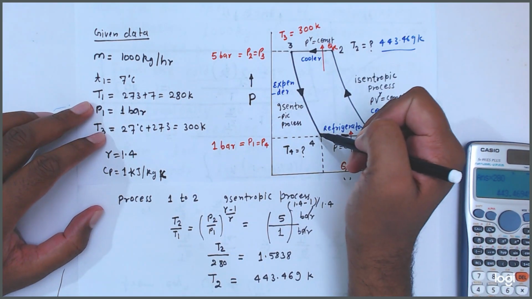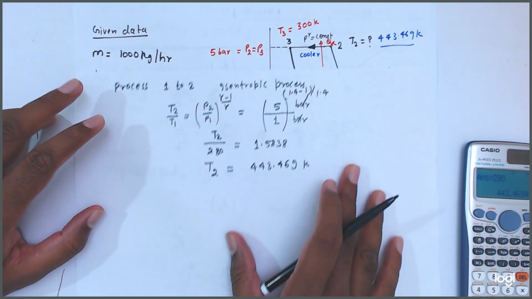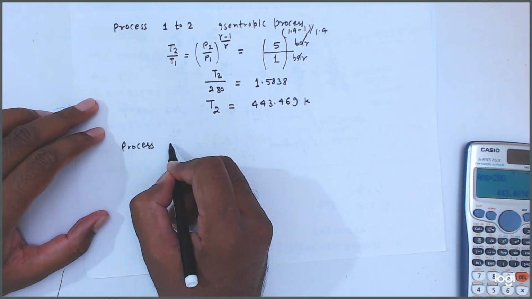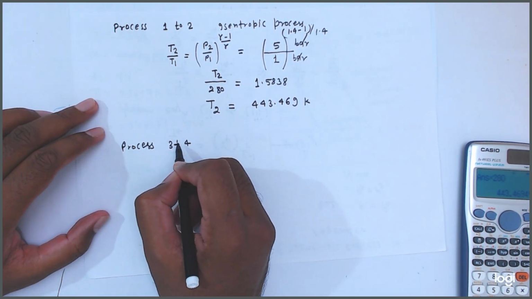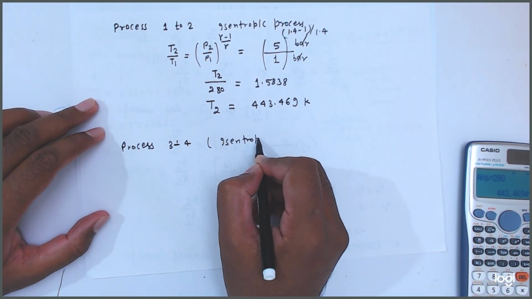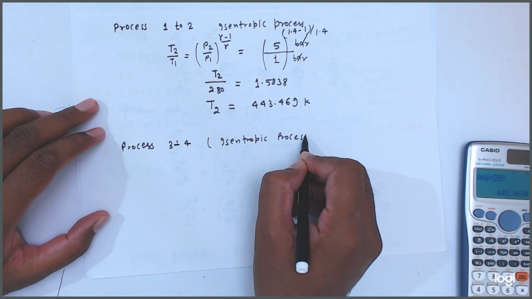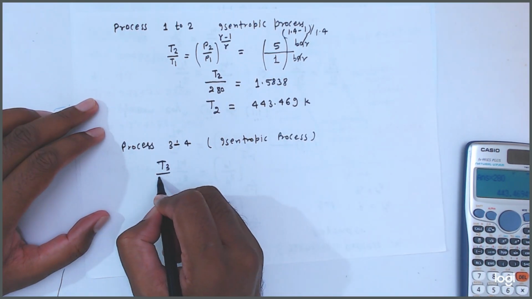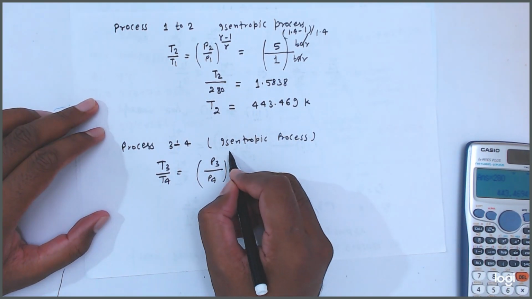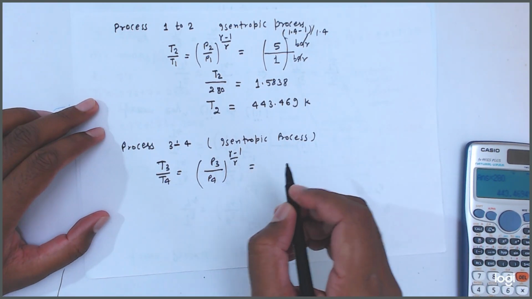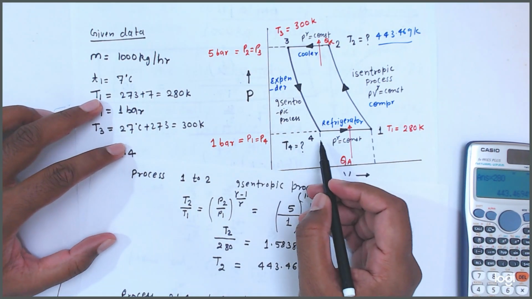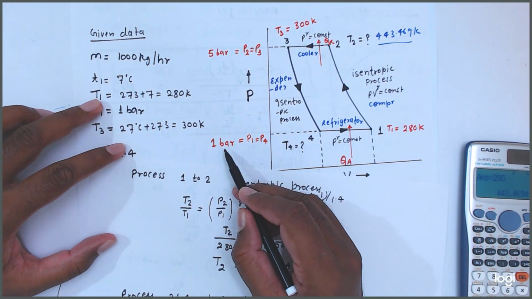Now we will find the temperature at this point. The same procedure will be followed because it is an isentropic process. From process 3 to 4, it is also an isentropic process. So T3 divided by T4 equals P3 divided by P4 to the power gamma minus 1 upon gamma. Here, friends, P3 is 5 bar and P4 is 1 bar.